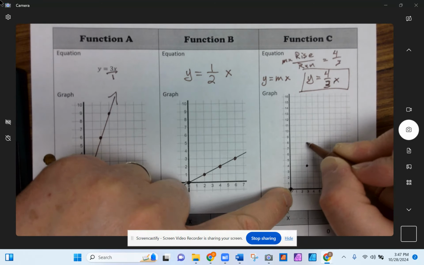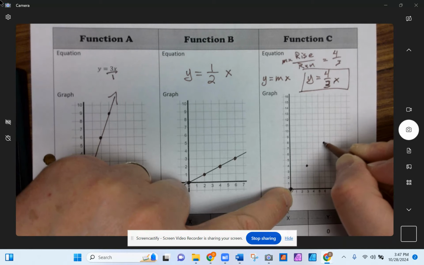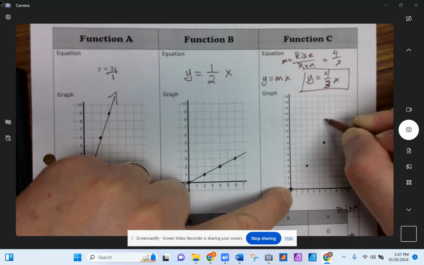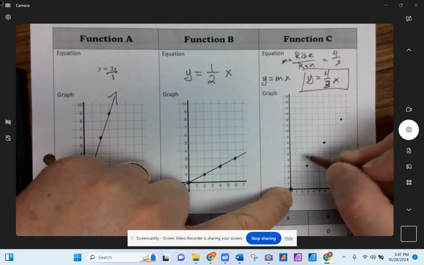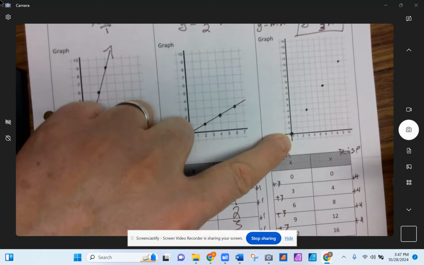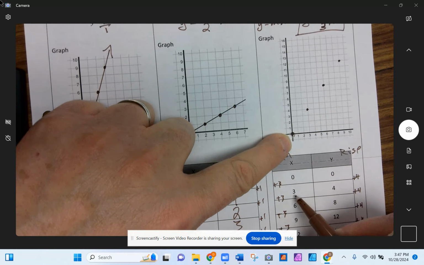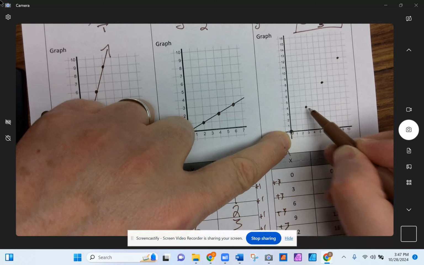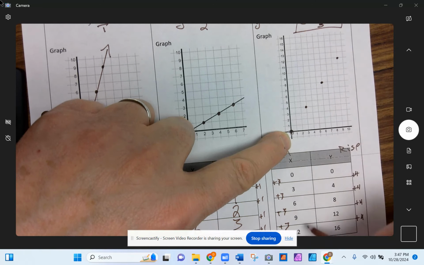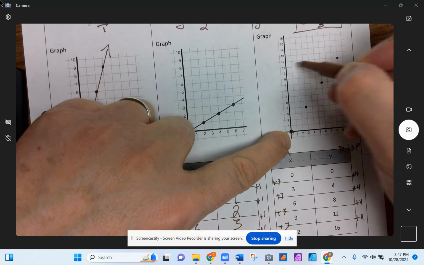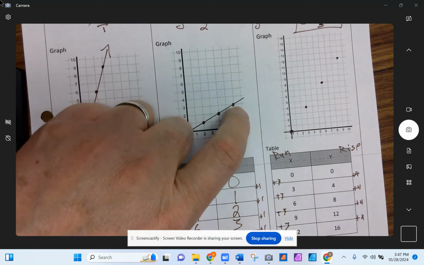And again, and again. And that's all we got, because we'll go off the grid otherwise. And then we can see that this point 3, 4 is right there, this point 6, 8 is right there, and this point 9, 12 is right there.